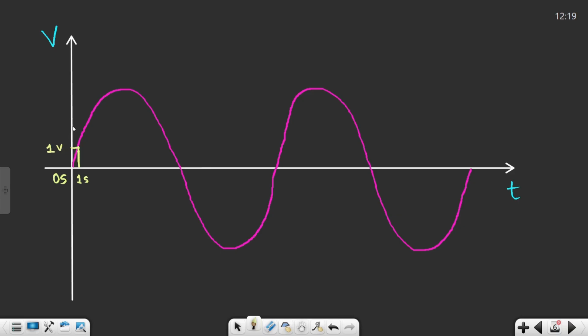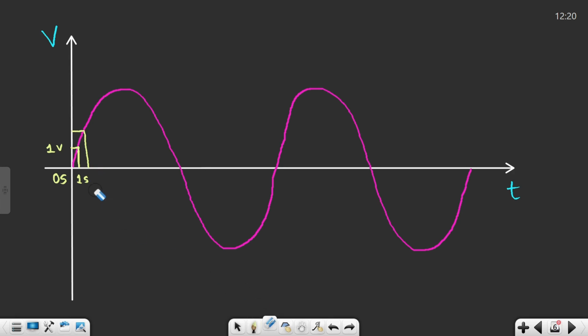Let's say at around 2 seconds the voltage is 2 volts. Similarly, at around 3 seconds the voltage is 3 volts. I'm just drawing it roughly so that it will be clearly visible to you all. Let me erase everything first.